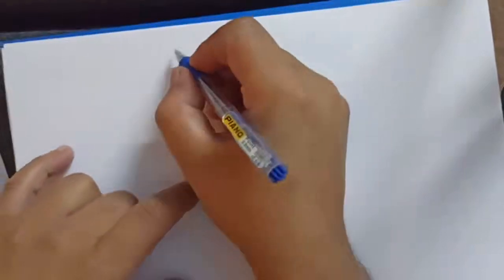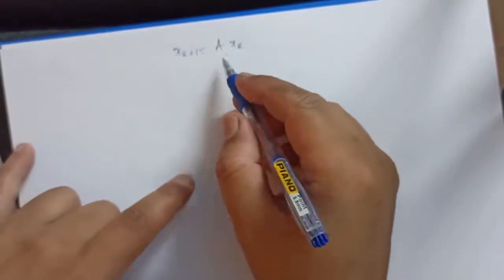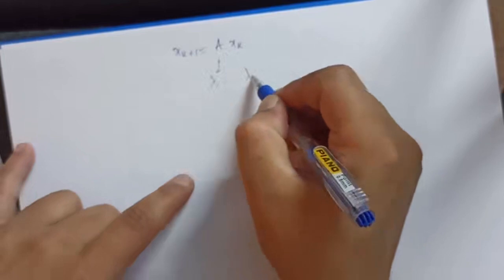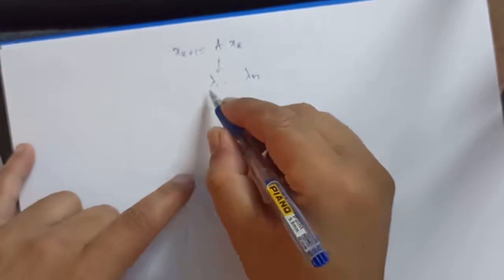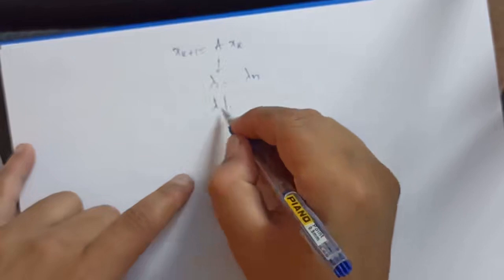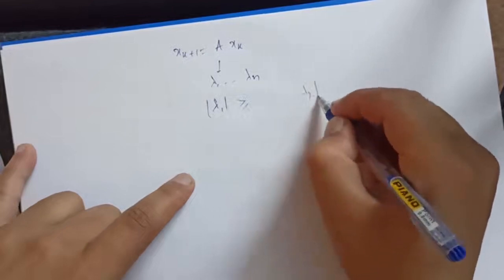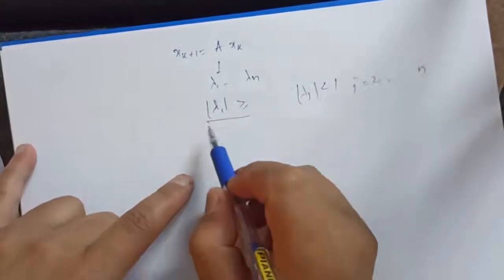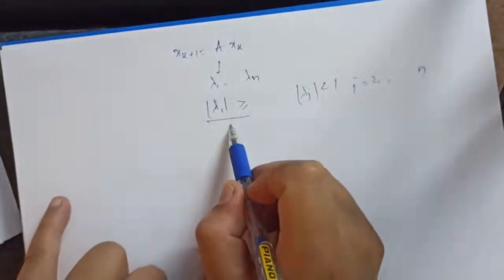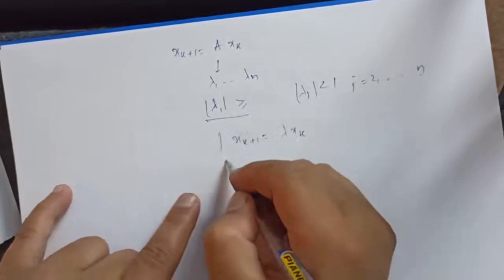So we can easily say the steady state behavior of any dynamical system: if x of k plus 1 defines a discrete dynamical system, and the corresponding eigenvalues are lambda 1 up to lambda n, arranged in descending order, and let's assume that the modulus of lambda 1 is greater than 1 and the remaining ones, lambda j for j equal to 2 up to n, are less than 1, then the steady state behavior of this dynamical system can be approximated by x of k plus 1 equal to lambda 1 times x of k.